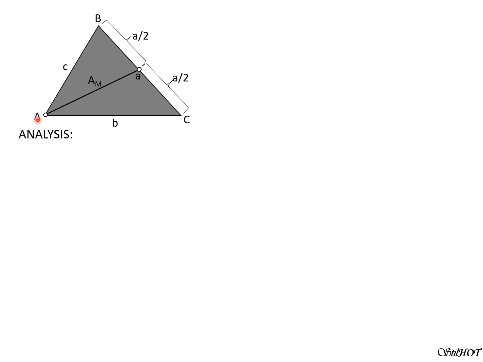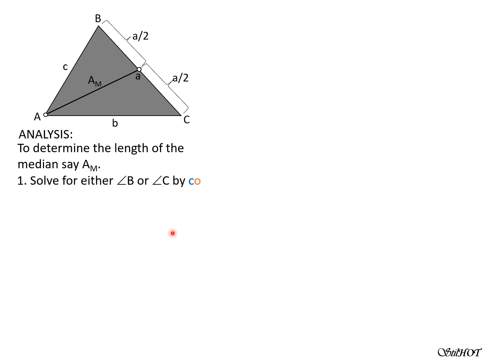You either consider the upper triangle or the lower triangle. So we solve either angle B or angle C by cosine law. Then, for instance, we solve for angle C, then we apply cosine law again to solve for A sub n.